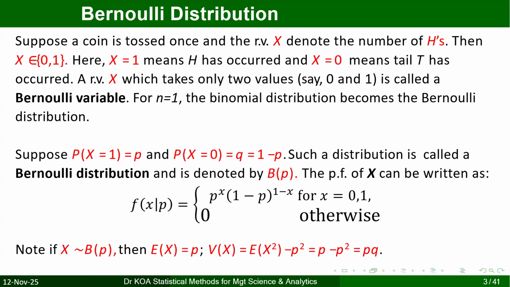p. And we know that the expected value is the probability of success. The mean of that particular random variable is p.